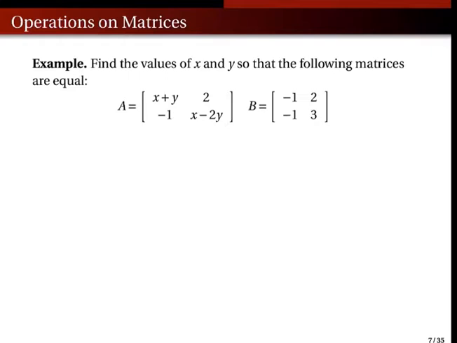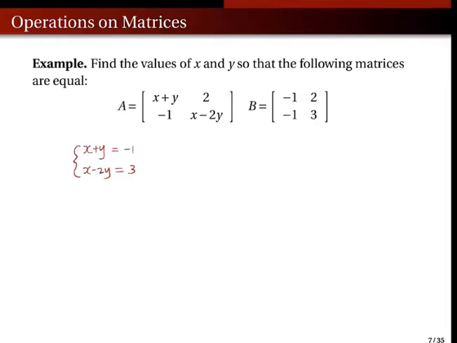Here you have x plus y equals negative 1. And then the other one, x minus 2y must be equal to positive 3. So you have this system and you can solve this using any method.